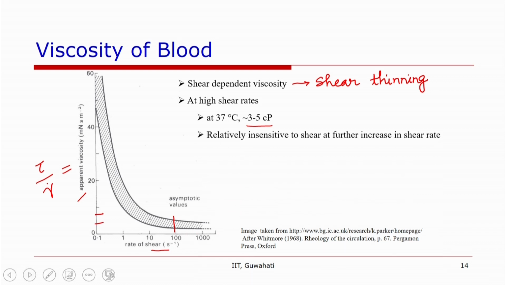Further, there is no effect of shear at these high values. However, at low shear rates, which is below 100 per second, the viscosity increases drastically with decrease in the rate of shear, and there is a very steep increase after a shear rate of 1 per second.